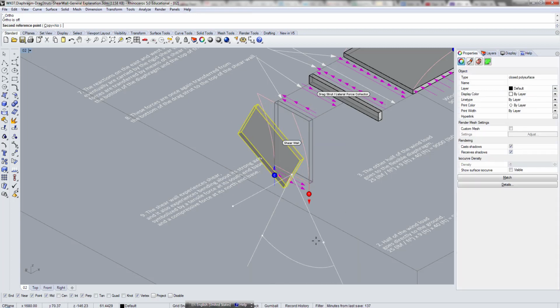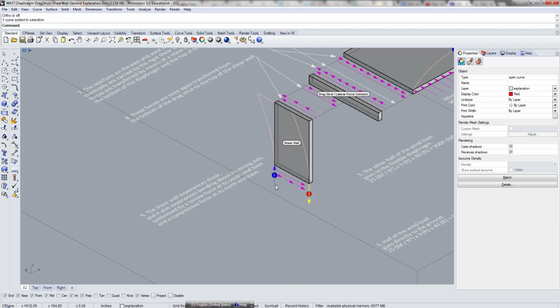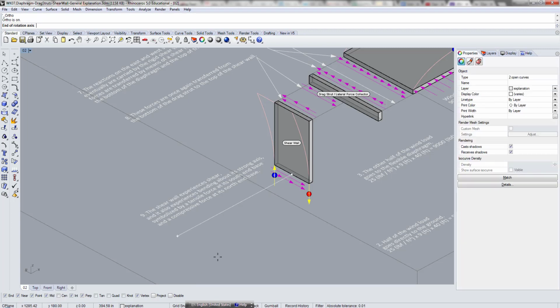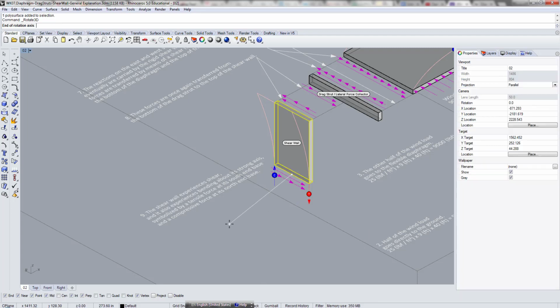That's one moment that's caused by the lateral force coming from the drag struts. These couple of forces are trying to resist that, and basically they're trying to rotate the wall the other way.